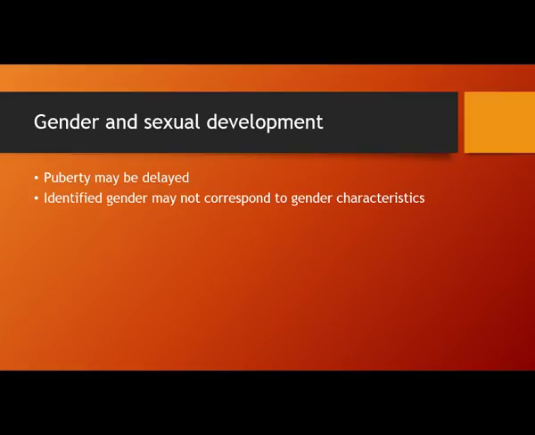There are also situations where gender is ambiguous from the chromosome standpoint, where people are born apparently female but are actually male, and vice versa. And the secondary sexual characteristics may not be developed. You may have situations where puberty is delayed, so even though they're 16 or 17, they're underdeveloped.